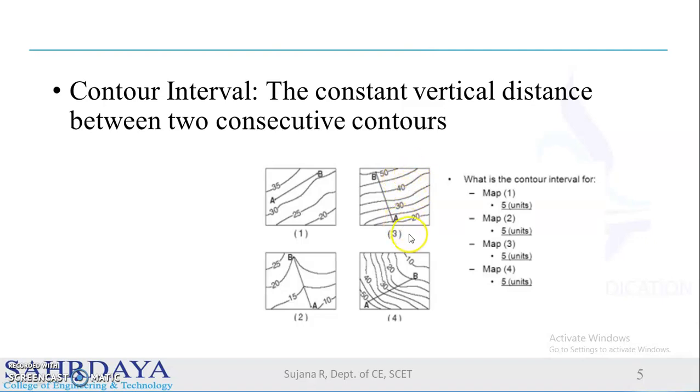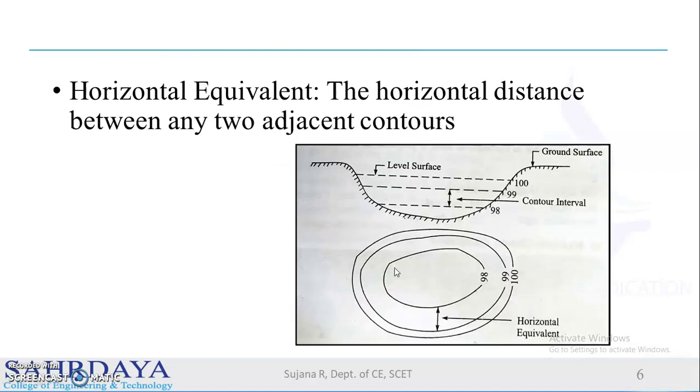So here also the contour interval is 5 units. In the next figure also, 50, 40, 30, 20, and in between these marked digits you can see intermediate lines, which corresponds to 5 units of contour interval. So the contour interval is the constant vertical distance between two consecutive contours.